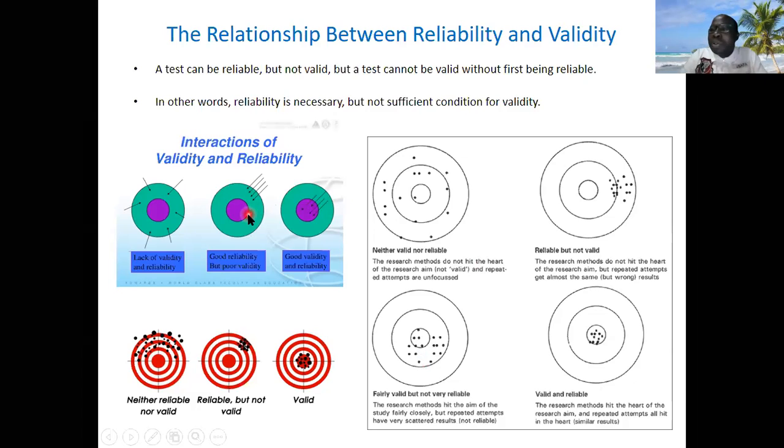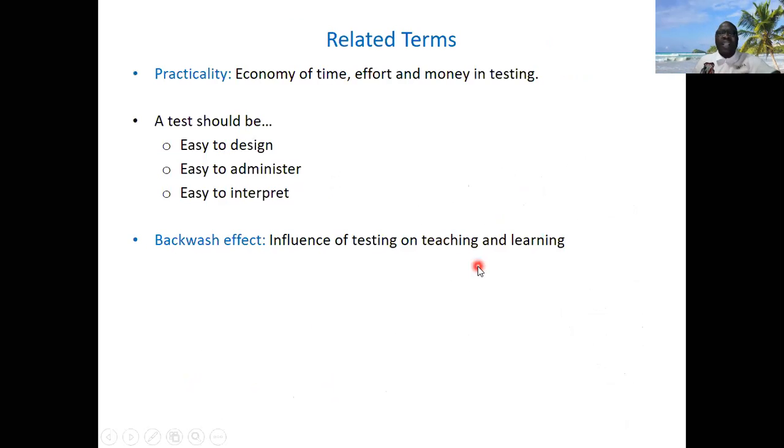It can be reliable, but not valid. But for it to be valid, it has to be reliable. Because if it's hitting the center but not consistently, and also hits outside, you cannot say it's valid. So there must be reliability for validity to be present. Reliability is not sufficient for validity. I think that one is very clear.